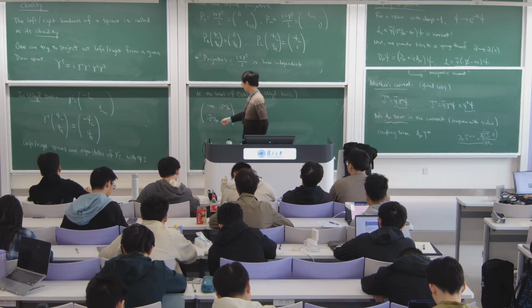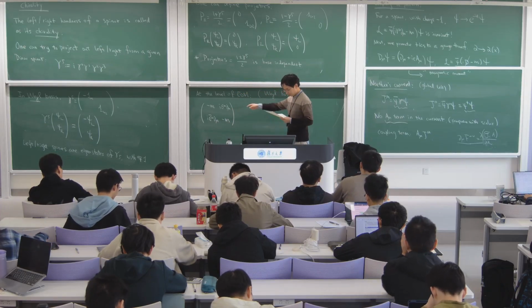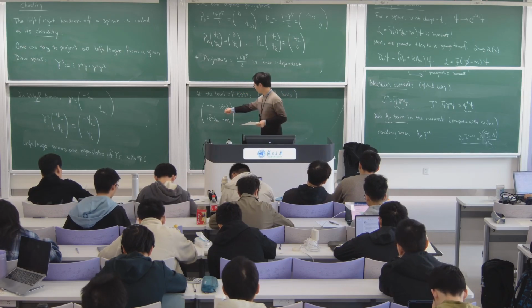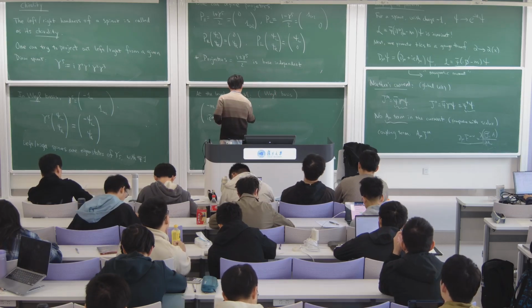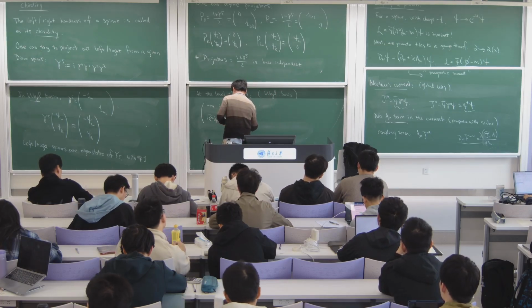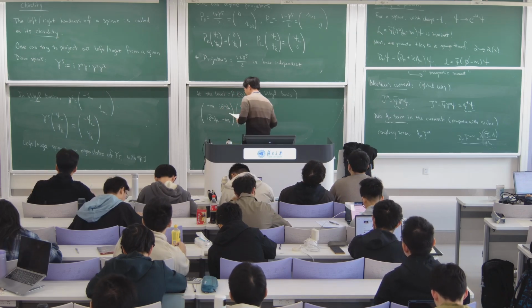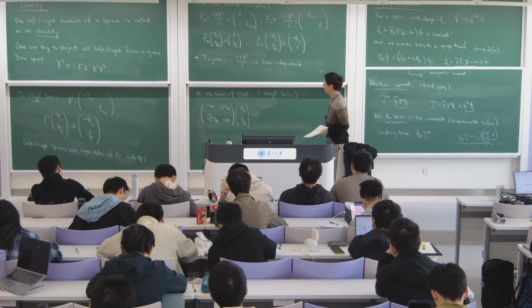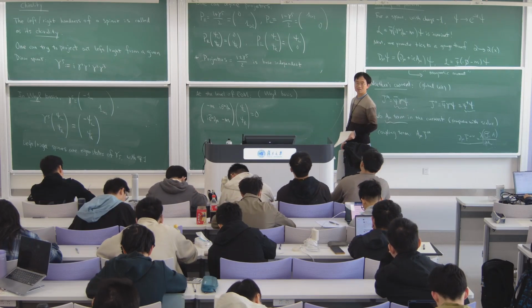Now I write it explicitly using the matrix. Its building block is again a 2 by 2 matrix, and then this will be the explicit form of the equation of motion. See it, right? This is the equation of motion. I write everything explicitly.